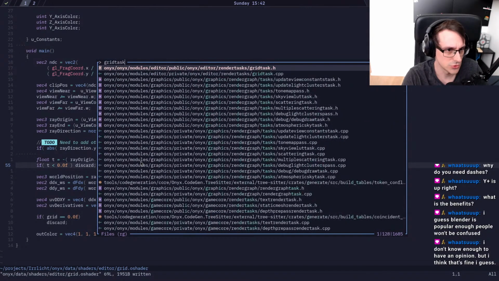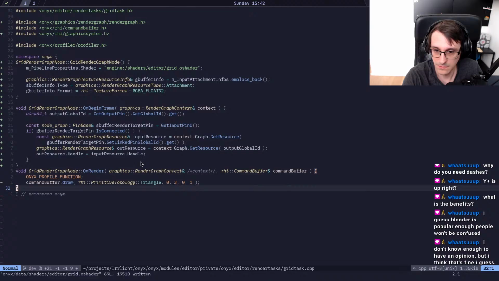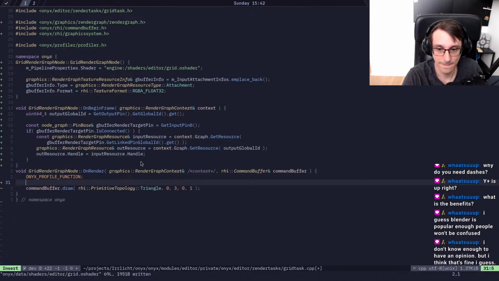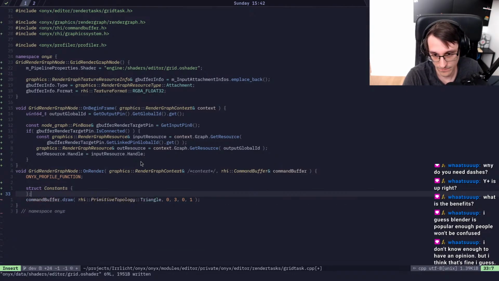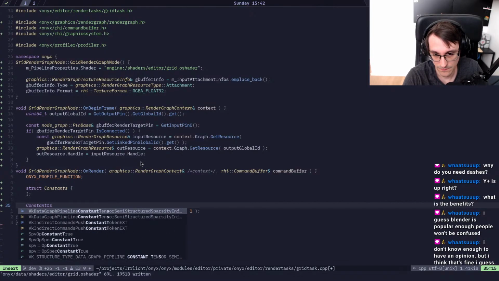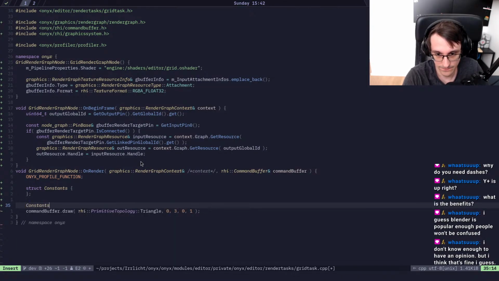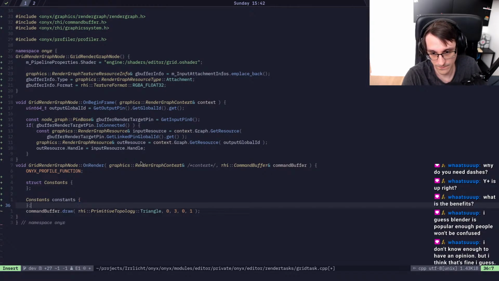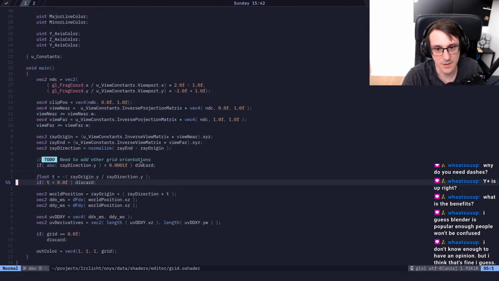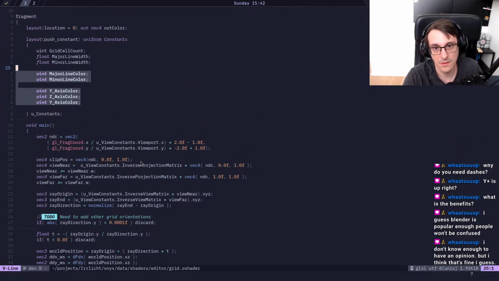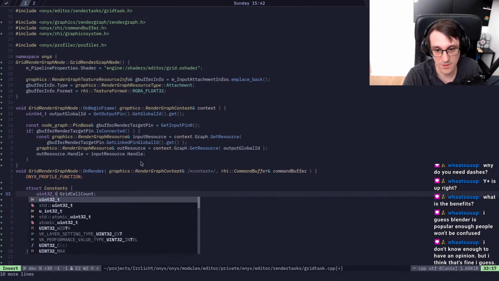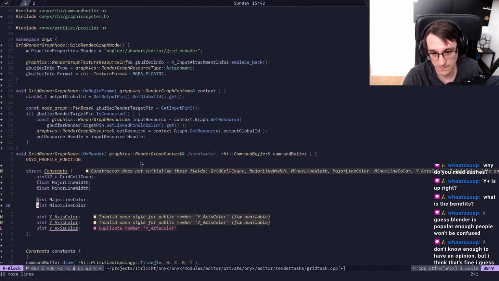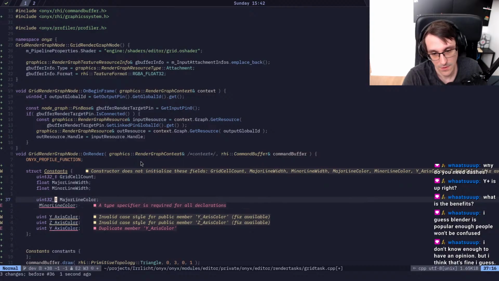Grid task. Drag constants. Alright, and then we basically have the same thing here. Let's say U in 32P. Okay.